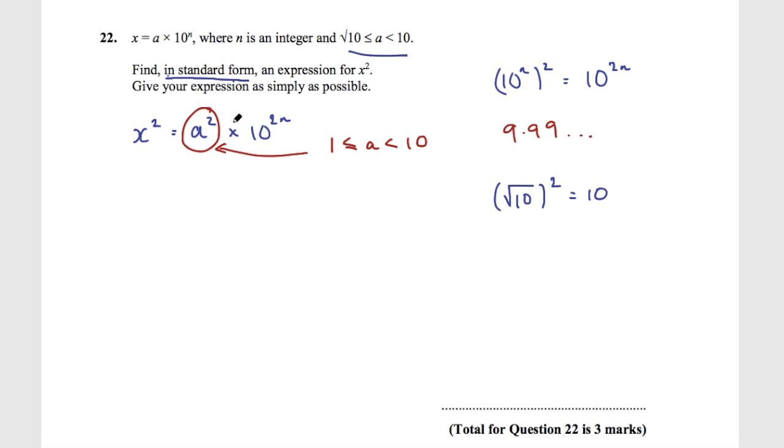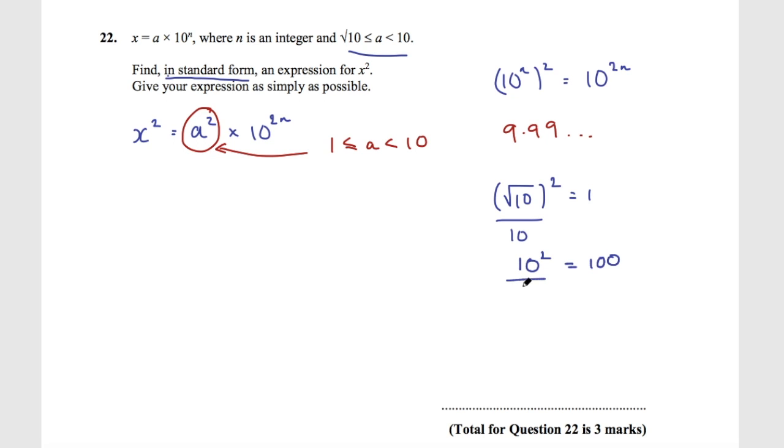So what can we do to this expression to make sure it is in standard form? Well, if a was equal to the square root of 10, we could divide that by 10, and this would equal 1. Now a can't equal 10, but it can be just less than 10. So let's say, for the sake of argument, a did equal 10. So 10 squared, that's 100.